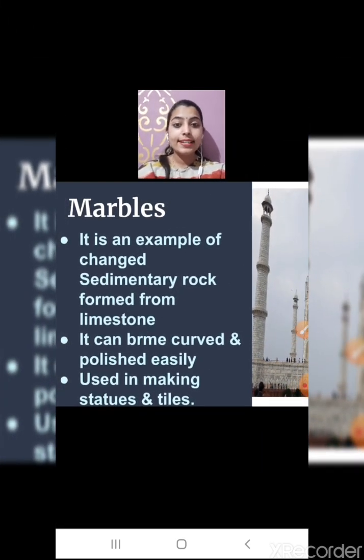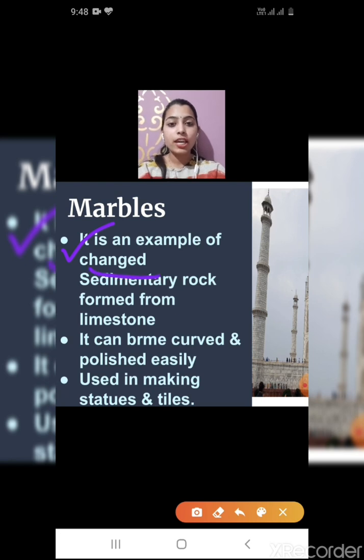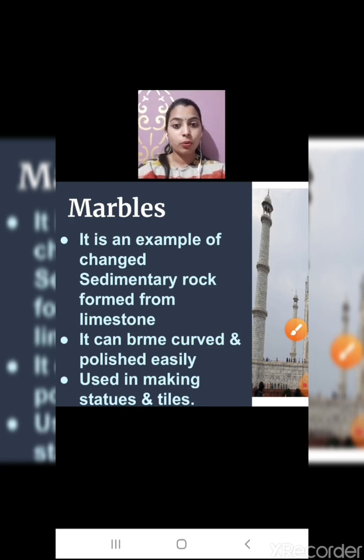marble. It is an example of changed sedimentary rock formed from limestone. Okay. Marble is an example of changed sedimentary rock which is formed from limestone.